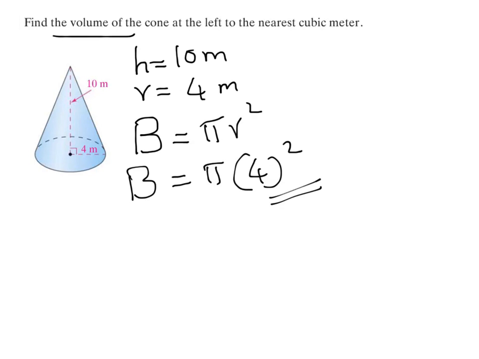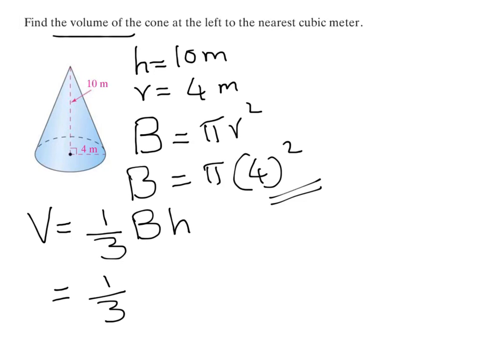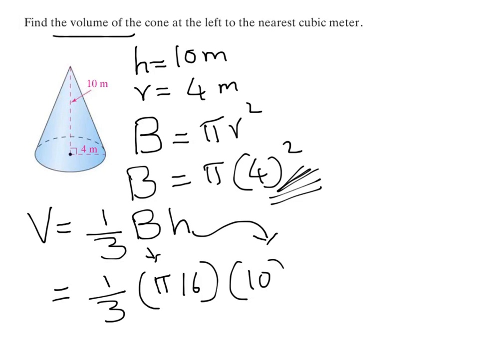What is the formula to find the volume of a cone? It is 1 over 3 area of the base times the height of the cone. So that's going to be 1 over 3 times the area of the base, which is pi times 4 squared, 16, times the height of the cone, which is 10.